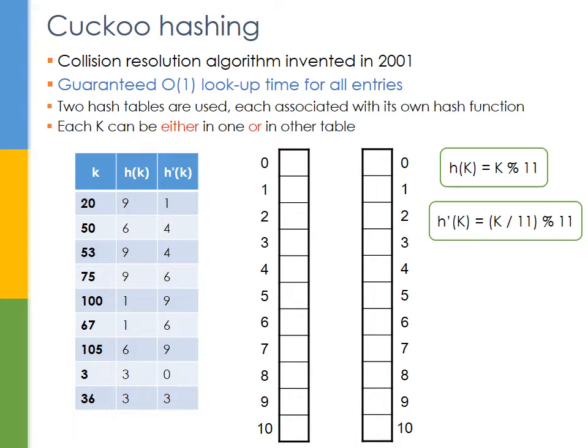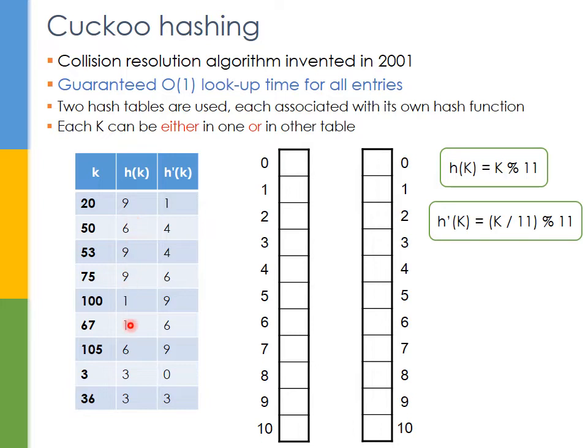The second column in my blue table already has the hashes for the first table calculated for you, and the third column is h prime, my secondary hash, and I've also already calculated all the hash values. So I have a set of keys, and for every single key I can calculate two different hashes. The idea is, if the first hash doesn't work, then you should probably try the second hash. Let's see how this works out in practice.